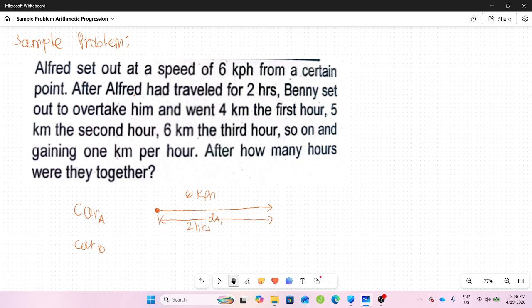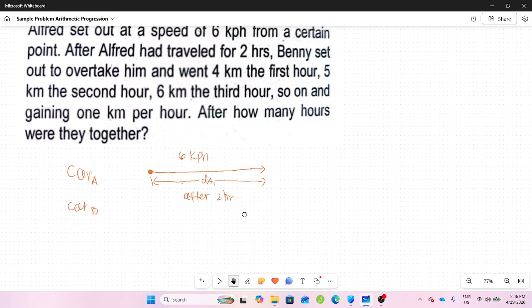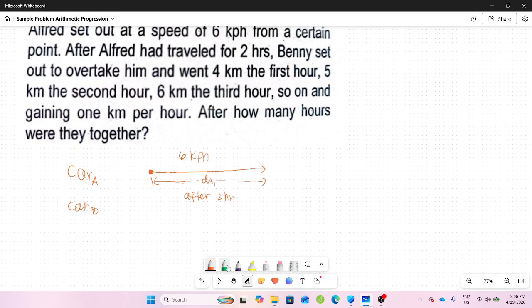Let me emphasize that after 2 hours, Benny tried to overtake Alfred.